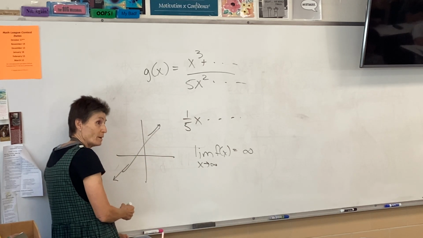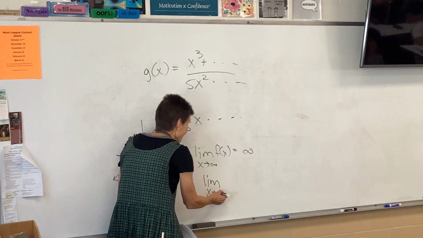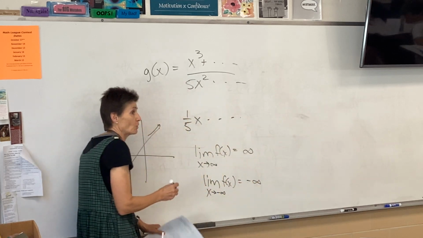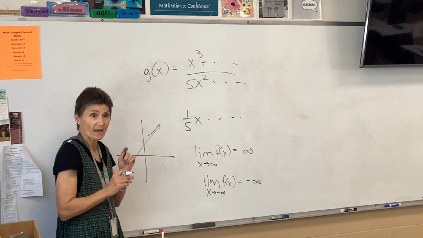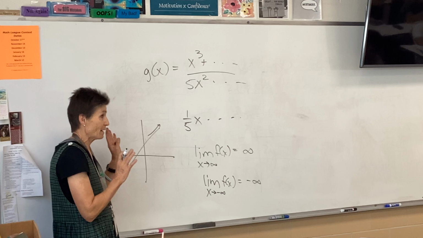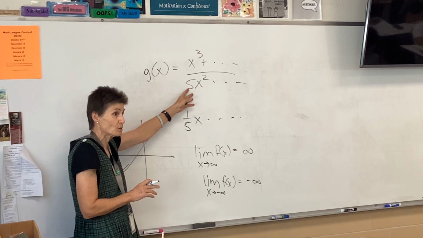The y's are going down. So you can tell the end behavior of your picture without sketching it. You can tell the end behavior. I don't know the exact shape. You're right, I don't. But I know the end behavior by simply looking at my slant asymptote.